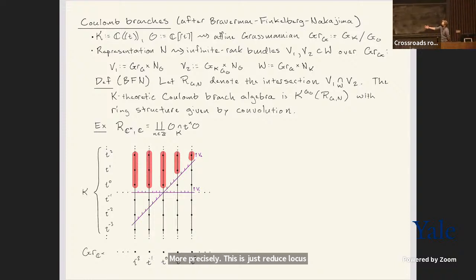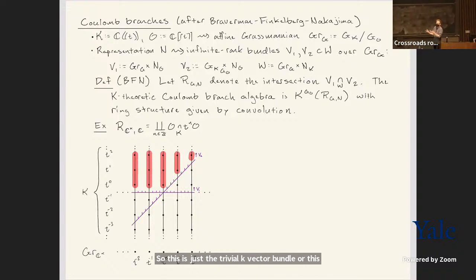So here's Gr_{C*}. And now let's talk about what W is. So I take the bundle over all of these points, whose fiber over every point is a copy of N_K. So here N is just C, so N_K is just K itself. So this is just the trivial K vector bundle over this countable set of points.